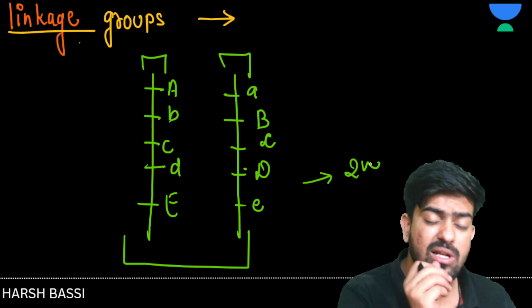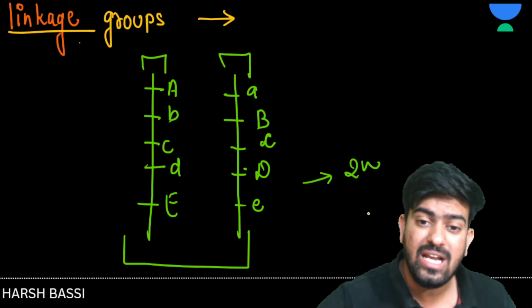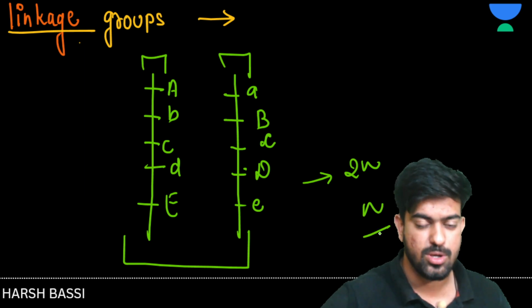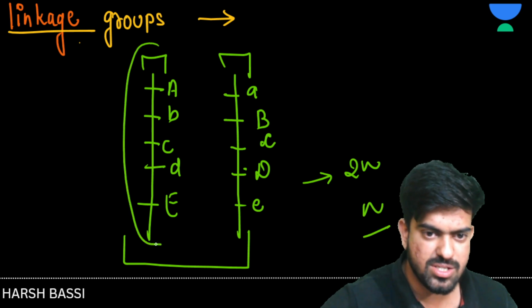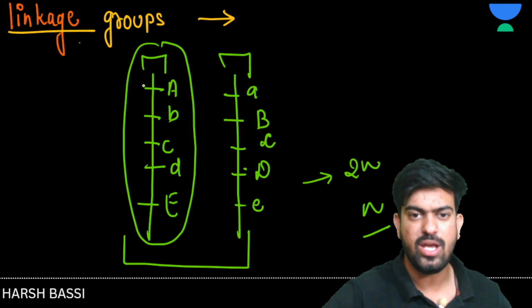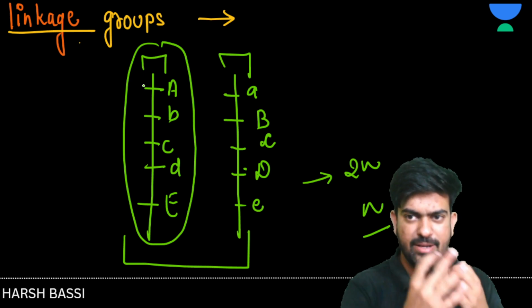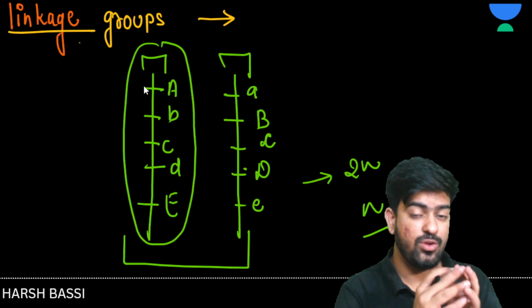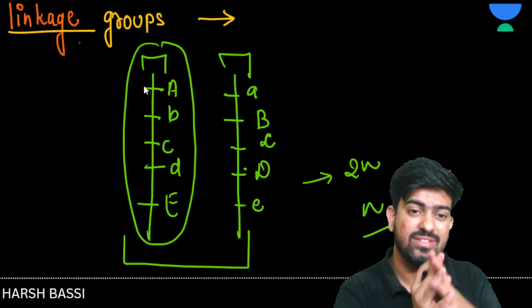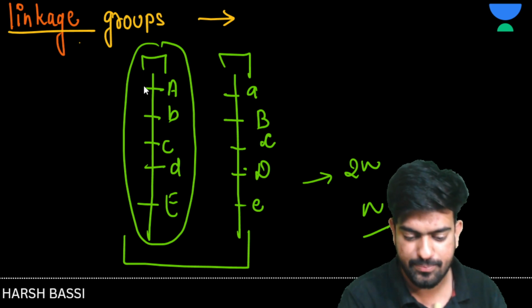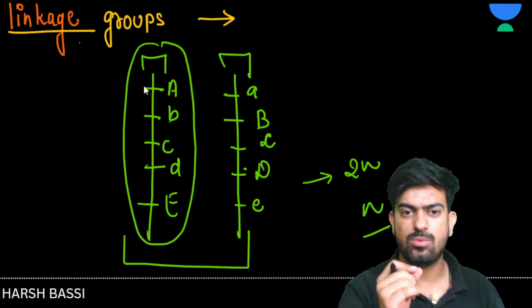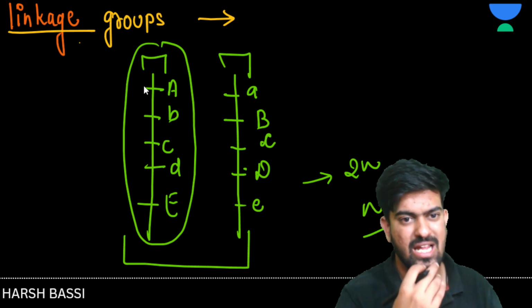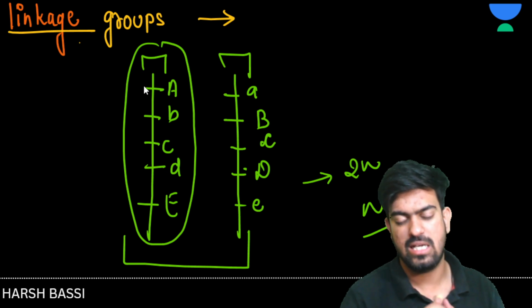And if I talk about the linkage group here, N is considered as the linkage group. So this one can be considered as one linkage group. It's very easy now. If you are a diploid organism, whatever N you have, whatever haploid content you have, that is your linkage group. Clear? Because in one chromosome, whatever genes are present, they can be called a linkage group.